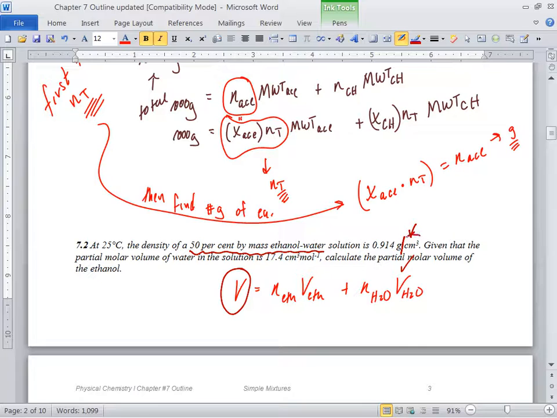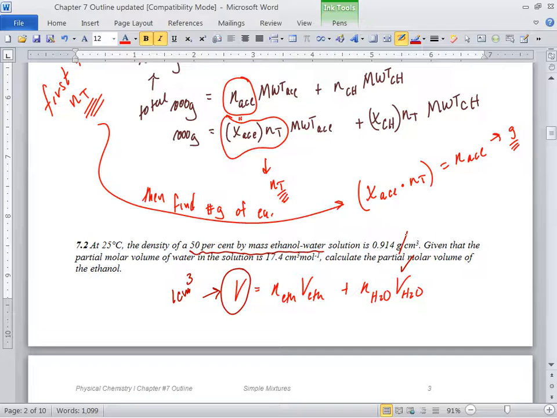What unit is this? Cubic centimeters, right? Same as a milliliter. Say that this is 1 cubic centimeter. That's your total volume. Then your total mass would be how many grams? If I have 0.914 grams per cubic centimeter, I take 1 cubic centimeter of this solution. How much mass do I have? 0.914.